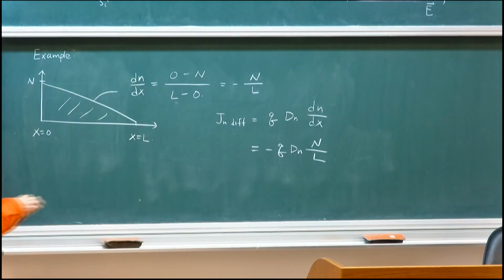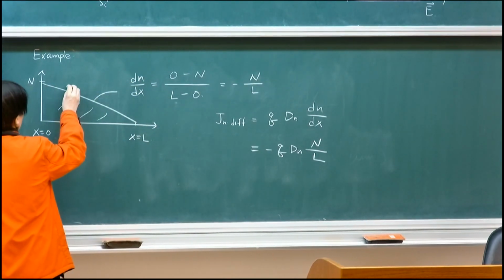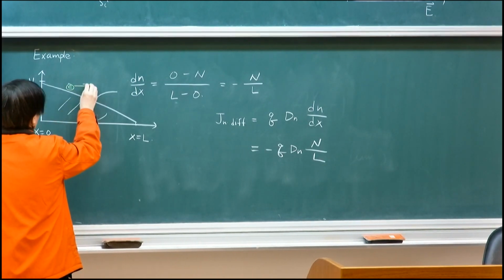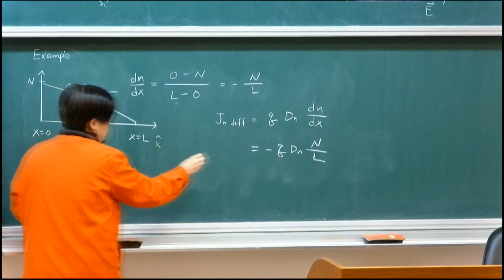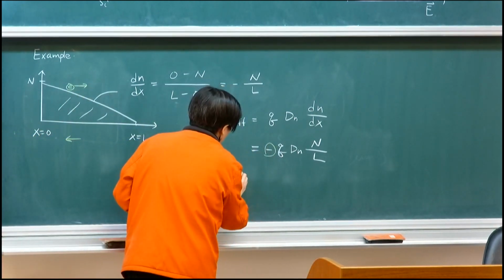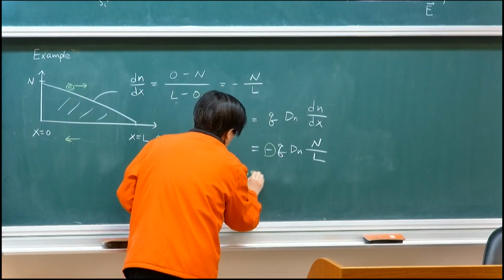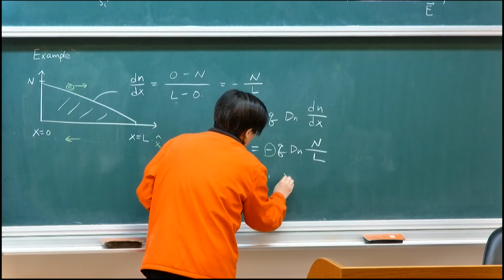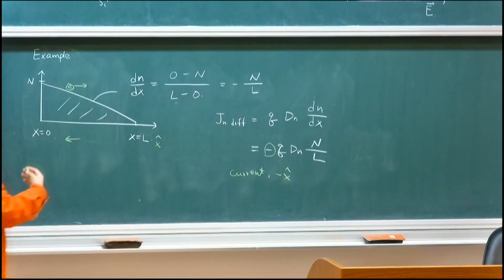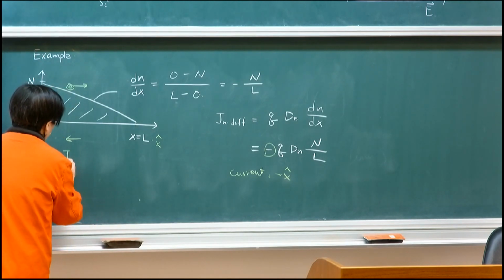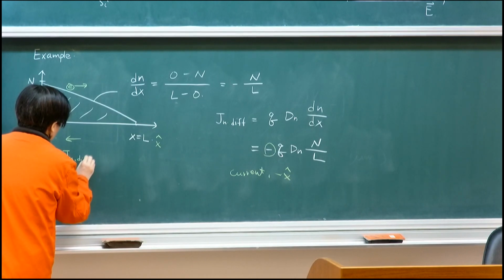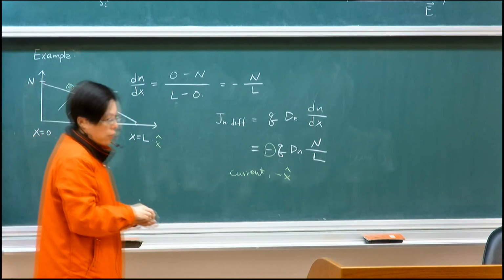And as I said, because electrons are moving in this direction, current is moving the opposite way. So this minus sign simply means that the current direction is minus x. It's moving in the opposite x direction. Okay? This is the direction of diffusion current.